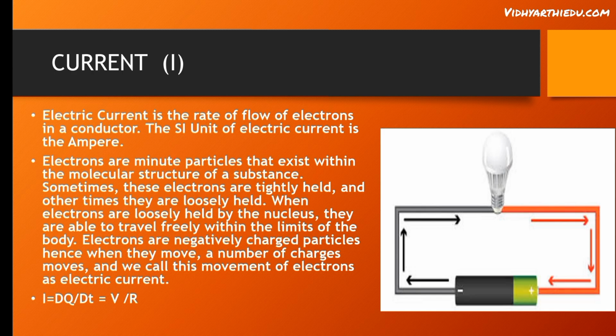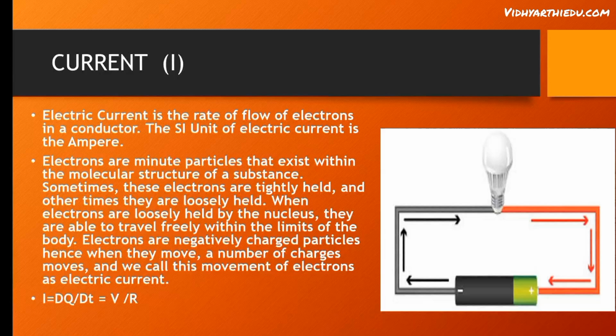The current from this battery flows through the conductor and glows the bulb. The charged particles from the battery move from the positive terminal towards the negative terminal.